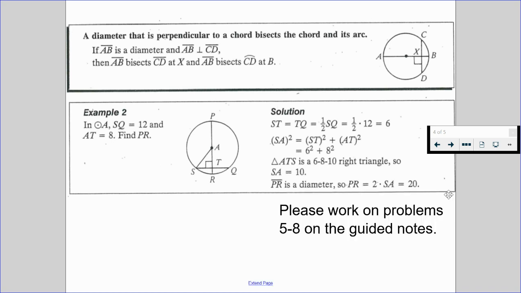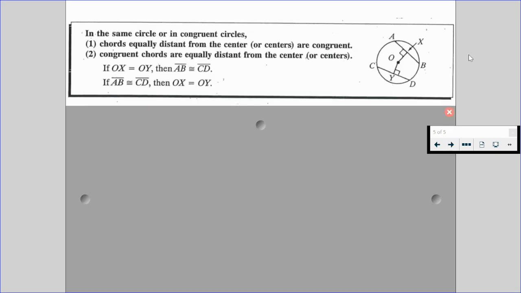With this in mind, please work on problems 5 through 8 on the guided notes, and resume when you're ready to move forward. And lastly, in the same circle, or in congruent circles, chords equally distant from the center, or centers, are congruent, and congruent chords are equally distant from the center, or the centers.